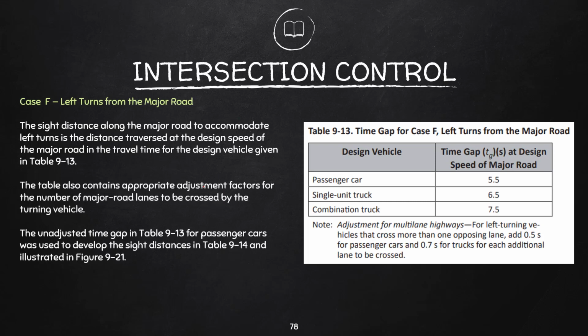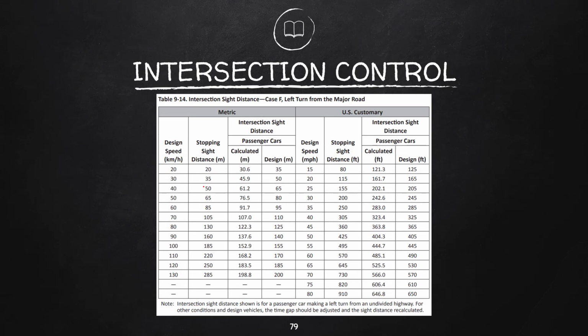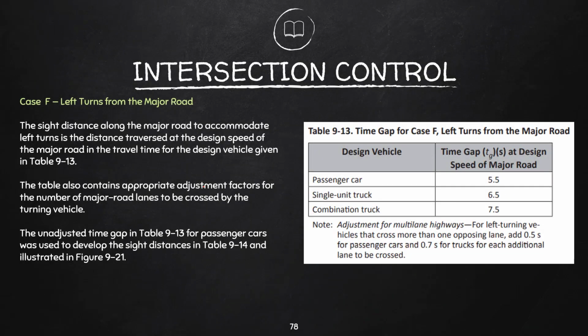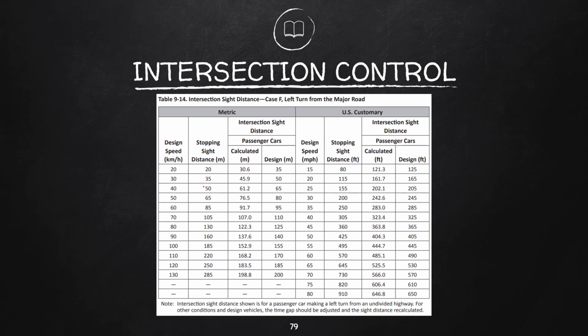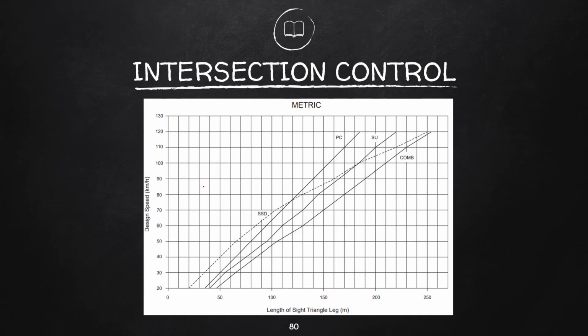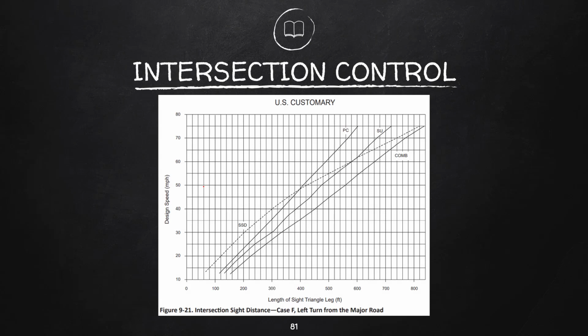The unadjusted time gap in table 9-13 for passenger cars was used to develop the sight distances in table 9-14 and illustrated in the figures 9-21. So this time gap was used to develop this table for ISD in case F, and is illustrated in these figures for metric and US customary units in the comparison between the SSD and ISD for case F.